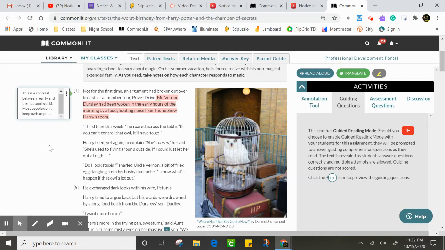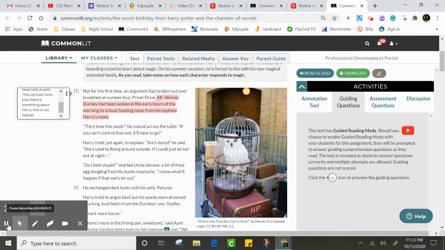But if I do know a little bit about it, simply because it is a part of pop culture and it's kind of hard to resist, I might make an inference here that there's something different about this person. If they're keeping an owl as a pet, there is something different about them that may start off causing this conflict. So I'm going to go ahead and add that to the annotation.